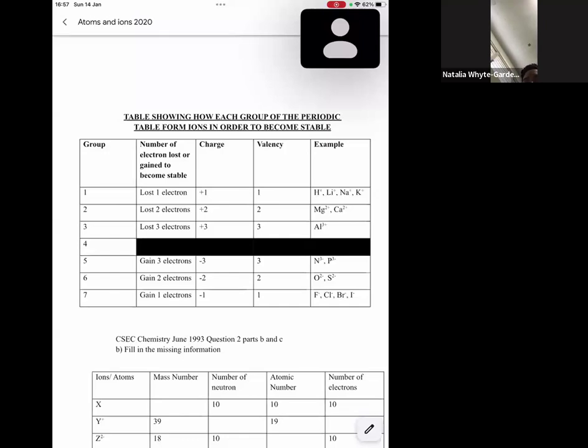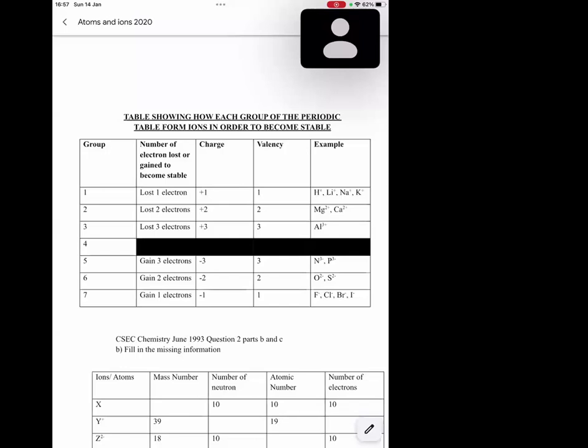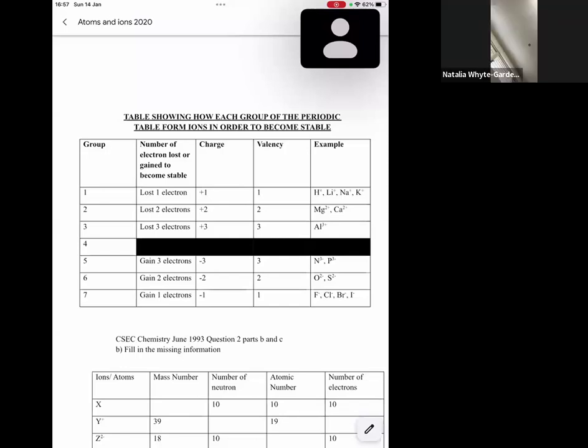Elements in group 1 lose 1 electron, and so their charge is +1. They will have a valency of 1 because they lost 1 electron. Examples: H+, the hydrogen ion, Li+, the lithium ion, Na+, the sodium ion, K+, the potassium ion.